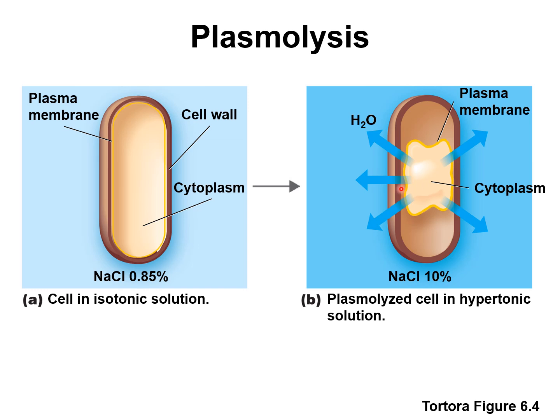Water moves out of the bacterial cell, and what happens is the cell will shrink, and as it does, it pulls the plasma membrane away from the cell wall, and that will rip the plasma membrane as it pulls away from the cell wall, and then that disintegrates the plasma membrane, and then it can't control what's going in and out anymore, and then that will kill the bacterial cells. So plasmolysis will kill bacterial cells if they get into a hypertonic solution.